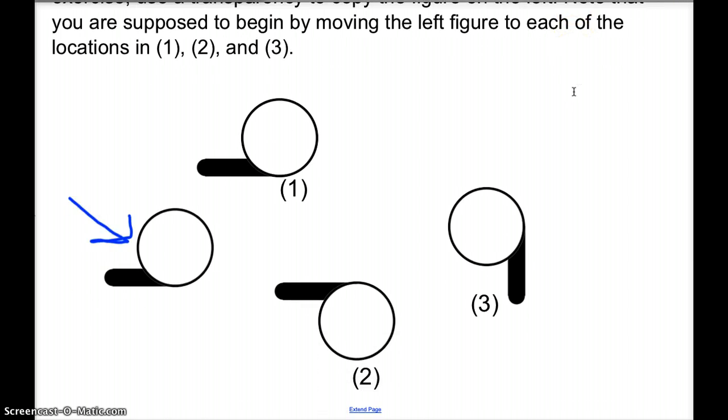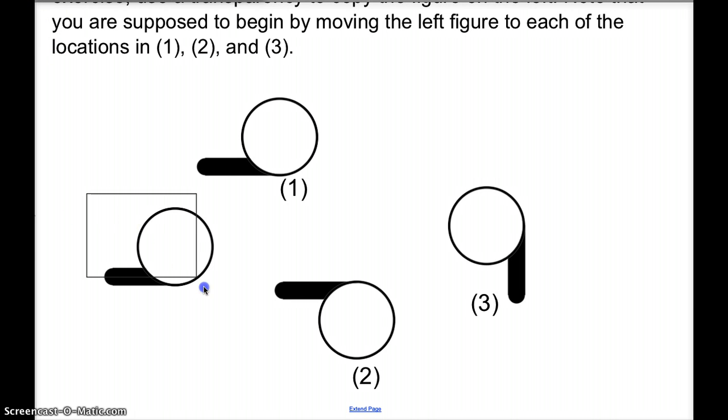Now, if you look, I can just take my image and I can highlight it. And if I take this shape, I want to try to get to image 1 over here. Now let's figure out what I need to do.